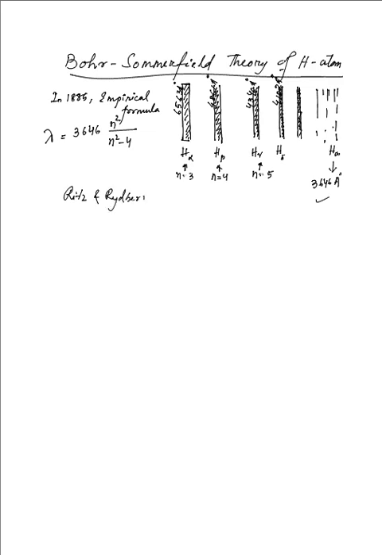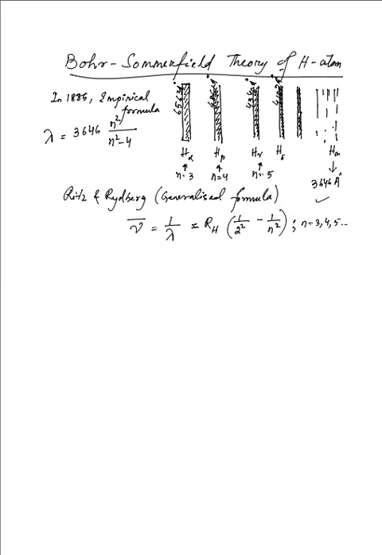They gave a more general formula, which is the wave number, the reciprocal of the wavelength, equal to some constant RH times 1 by 2 squared minus 1 by n squared, where n again here is 3, 4, 5 and so on for higher lines.